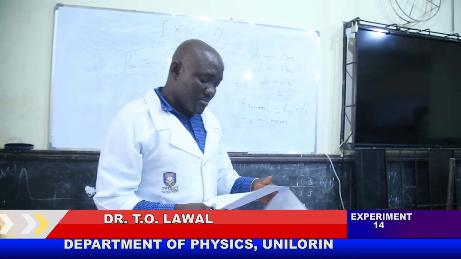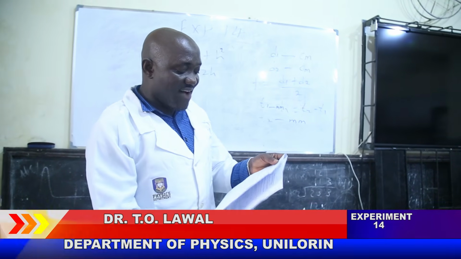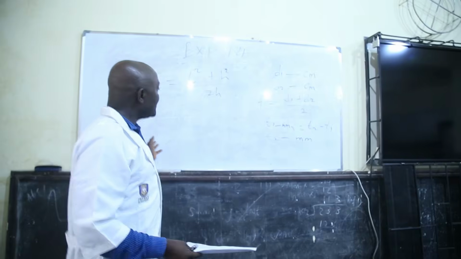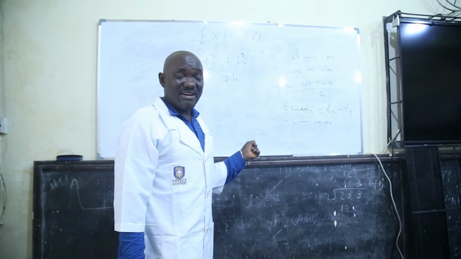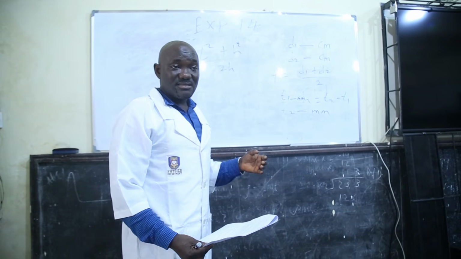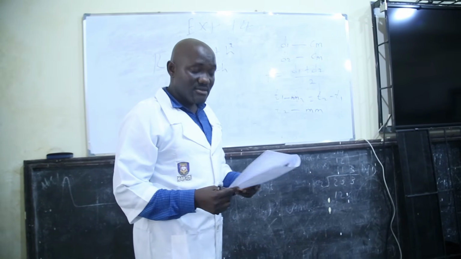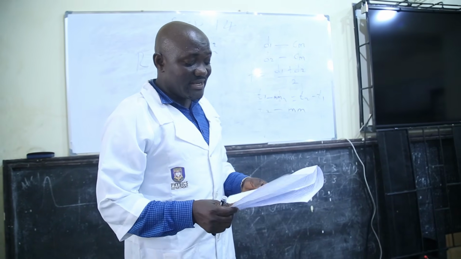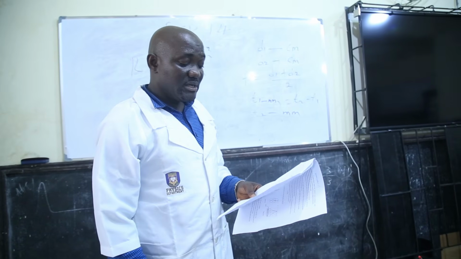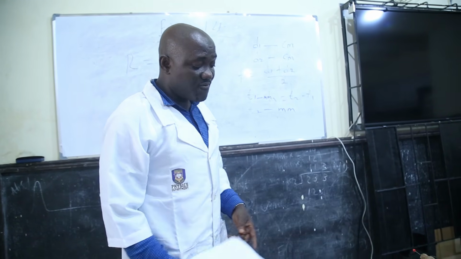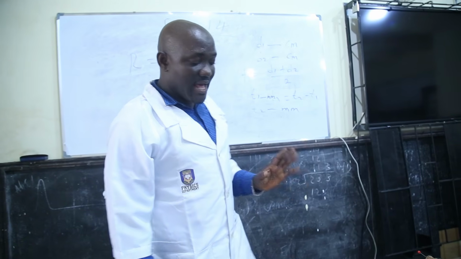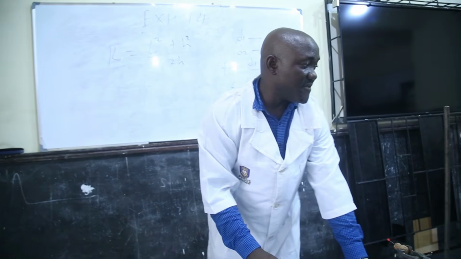So looking at this, we have been able to obtain the first set of experiments, that is determination of refractive index of a material. So the next thing you want to do now is to determine the refractive index of unknown liquid, and this is very, very simple.